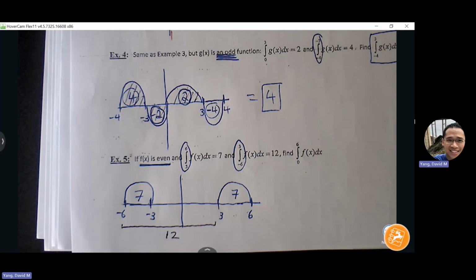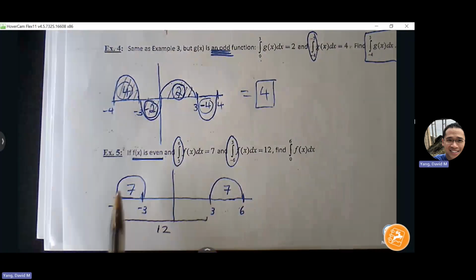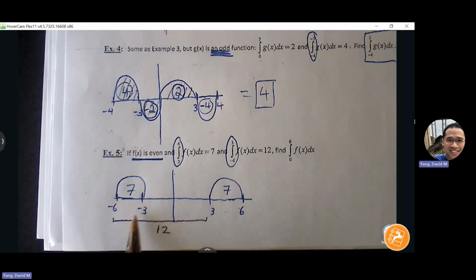It's already 7 here, and you want to add 12 to it. We already have this set in stone. We don't want to create a region that is overlapping, right? But what we do know is that when we add everything up, it should equal 12. So this is already done. We don't want to step on this region here. But we do know that when everything is said and done, this should add up to be 12.